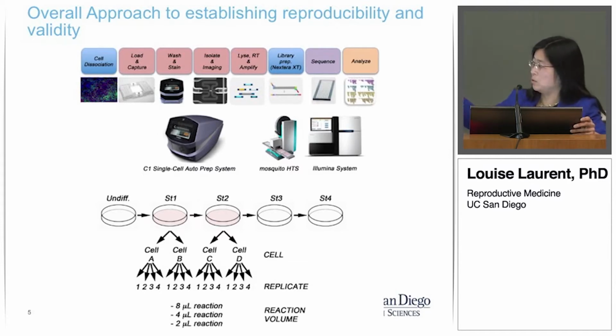The reaction volumes are shown here: 2, 4, and 8 microliters. Of note, the manual library preparation recommended by Fluidigm for downstream library preparation from the C1 is performed at 10 microliters, so the 8 microliter reaction was close to that recommended manual reaction volume.